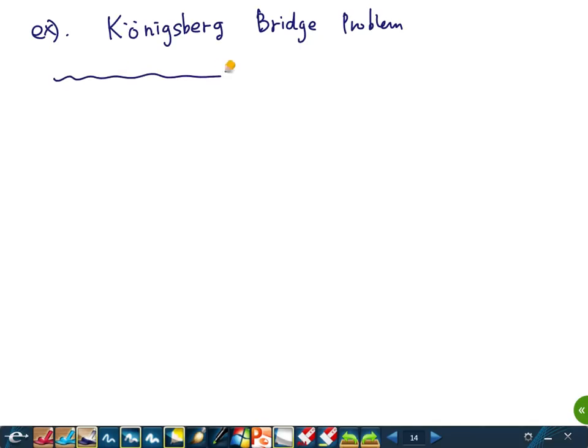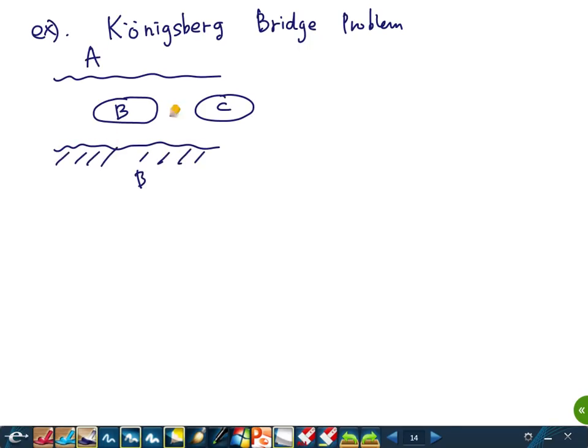There are some islands. This is a river, and there are 2 small islands like this. These are lands, A and B, connected by some bridges. There are 1, 2, 3, 4, 5, 6, 7 bridges like that.